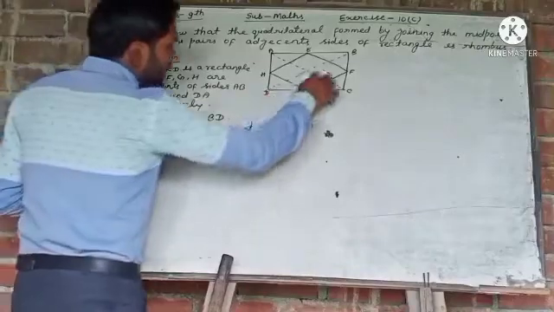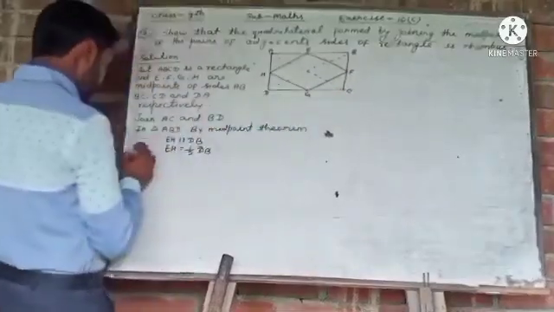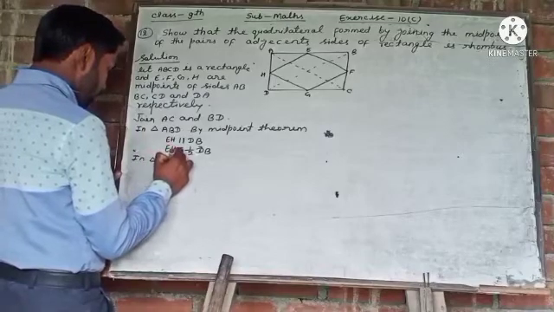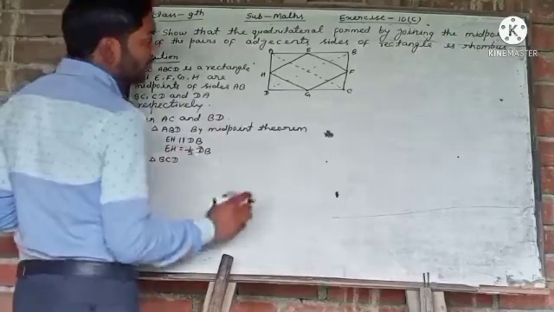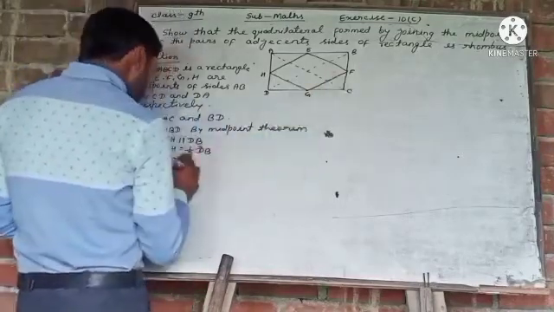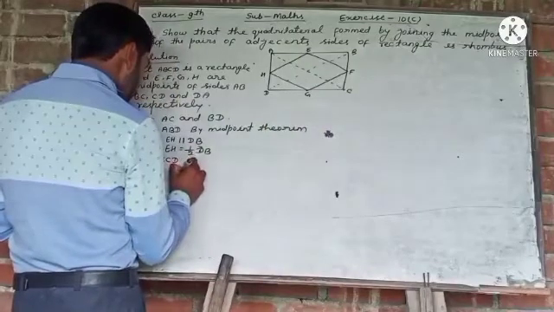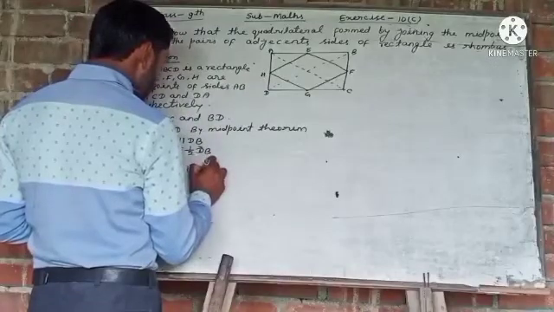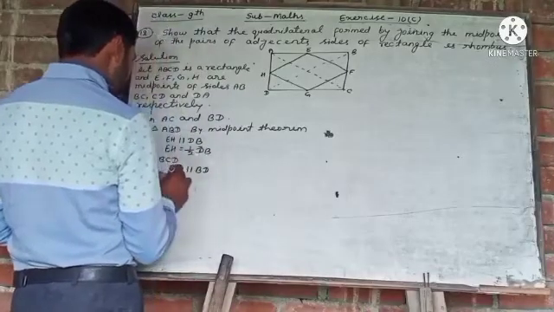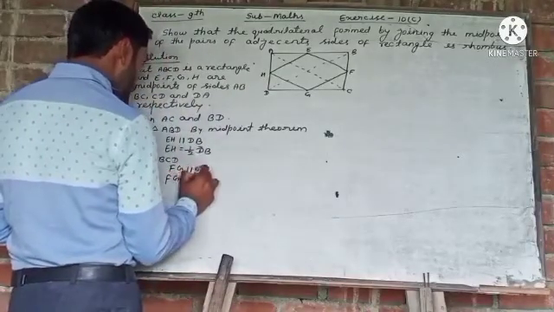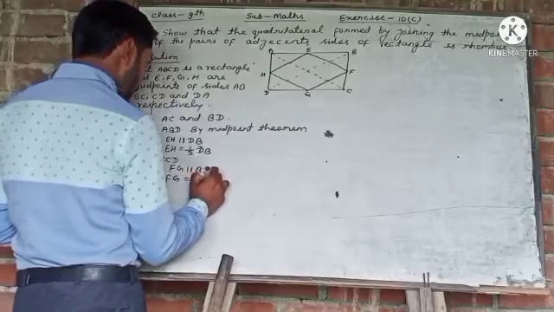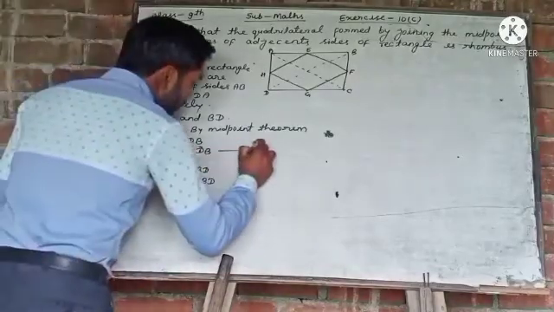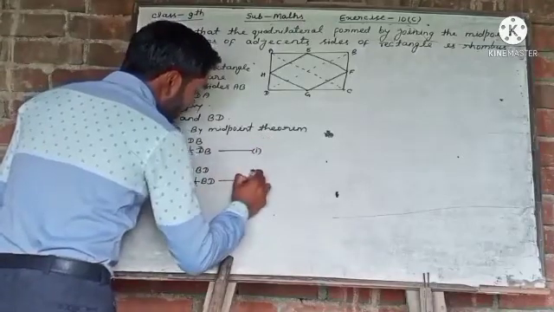Again, in triangle BCD, by the same midpoint theorem, FG is parallel to BD and FG is equal to 1/2 BD. Let this one be equation number 1 and this one 2.